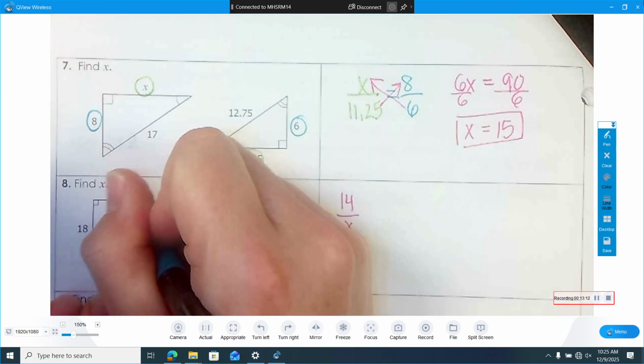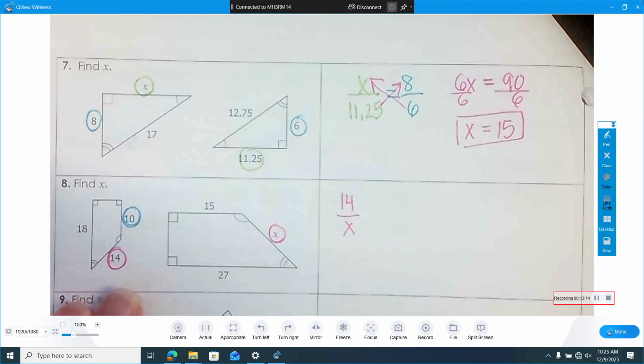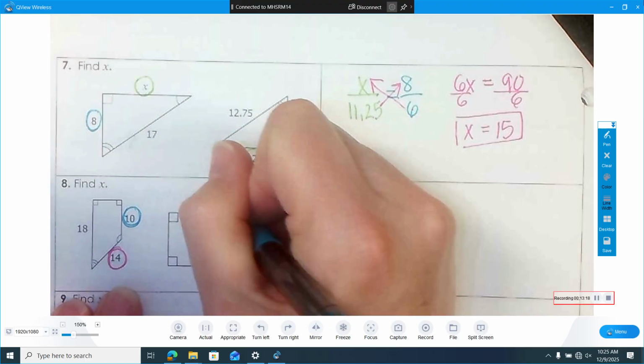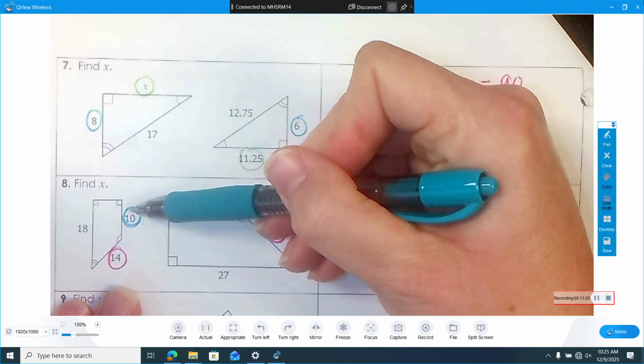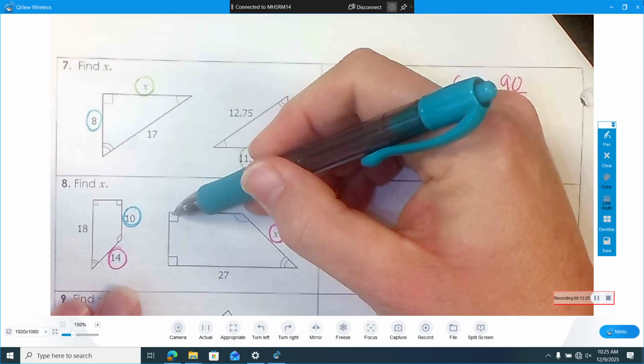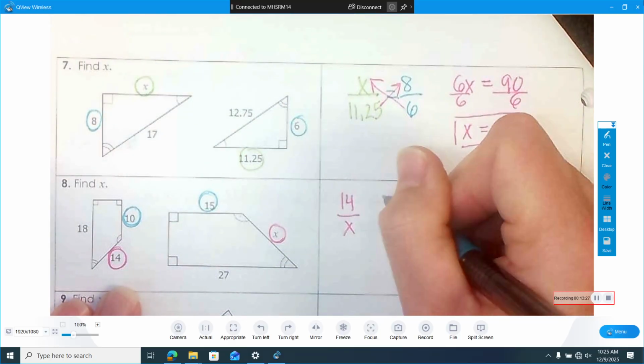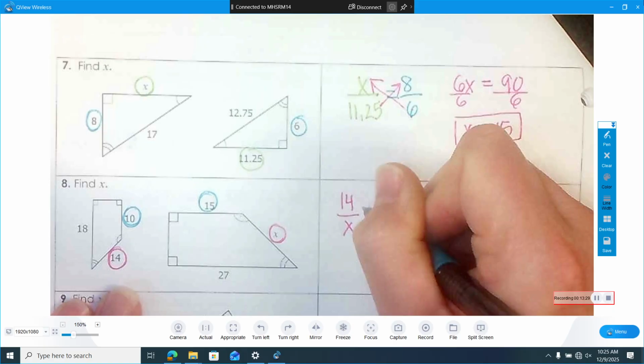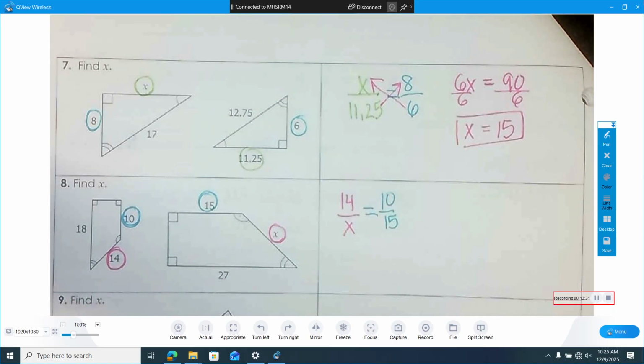And then, what side does the 10 correspond with? 15, very good. And again, when we look at the markings, we have the little box and the single arc mark. The box and the single arc mark. So those correspond, 10 and 15. And from there, we can cross multiply.